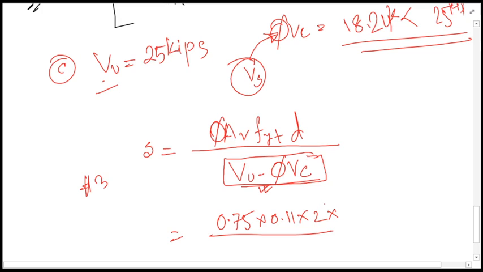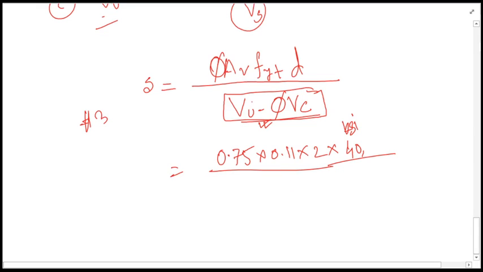If it is 40 ksi, then you will have to put Vu minus phi Vc in kips as well, so 25 minus 18.24. All this in kips, then you can put this as ksi. Otherwise, if you put it as 40,000, then you will have to provide this in pounds as well. And this d you will always put in inch, no problem about that.